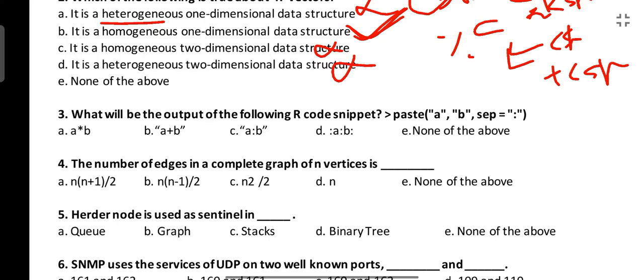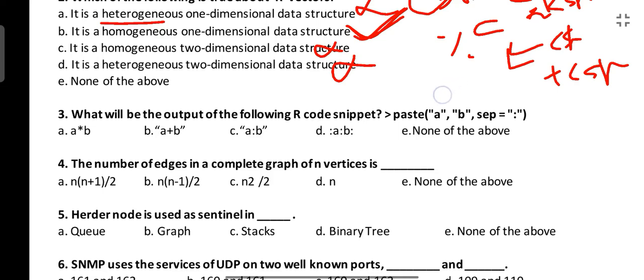Next is, from programming in R, what will be the output of the following R code snippet? paste(A, B, sep=":"). So what does this paste function do? Paste function is used to concatenate the parameters, or it is used to create character strings.